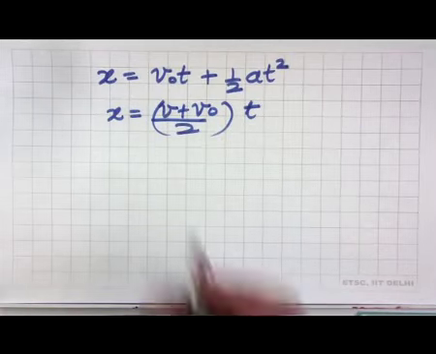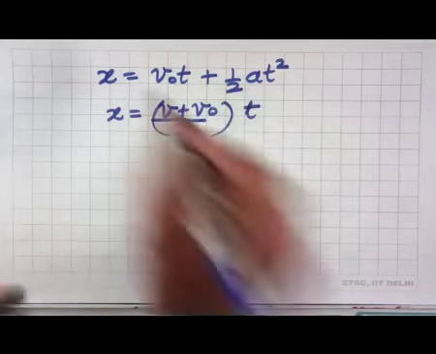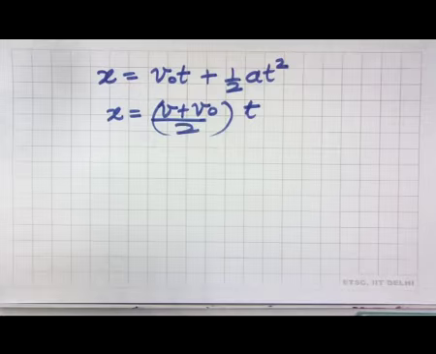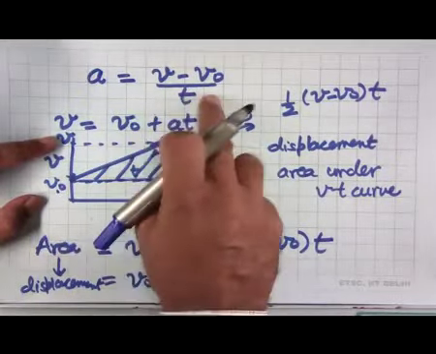Now, if we want to know velocity in terms of a and x, that means we want to eliminate time, then what we can do is, time we know is v minus v0 divided by a.